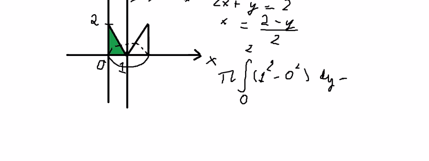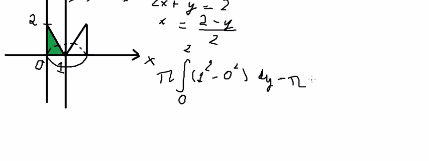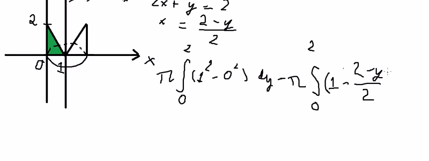So you get minus pi multiplied with the integral from 0 to 2 of 1 squared minus 1 minus this curve in here, so that is 2 minus y over 2 to the power of 2 dy, and this is the answer for this one.